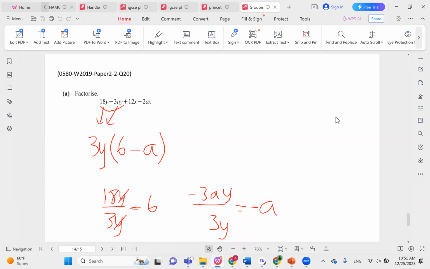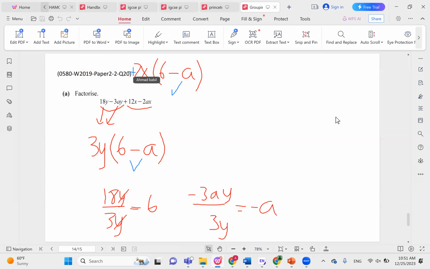For the second two terms, we have 12x minus 2ax. If we take 2x out as a common factor, we're left with 6 minus a again. And this is the correct answer because we have the same bracket in both. And this is positive 2x.